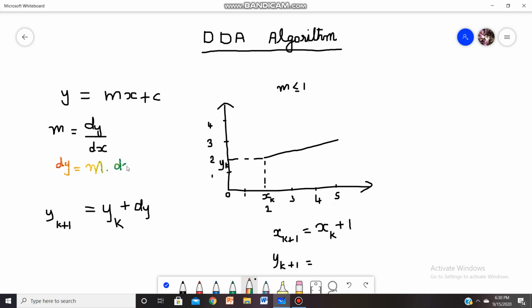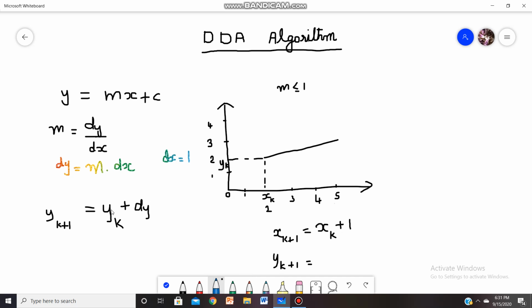Is it okay for you? Yes. And I know that if I write xk plus 1 as xk plus dx, dx will always be 1, since in this type of line, slope less than or equal to 1, dx is equal to 1.